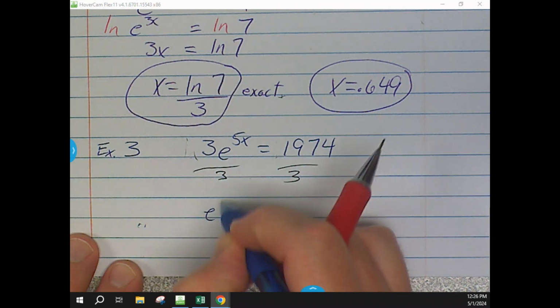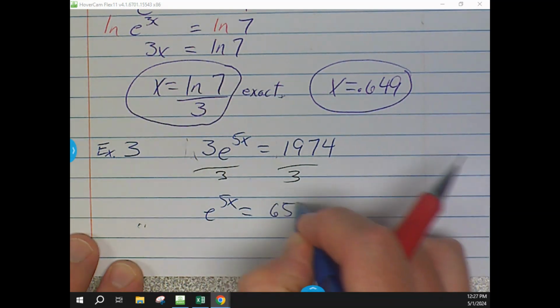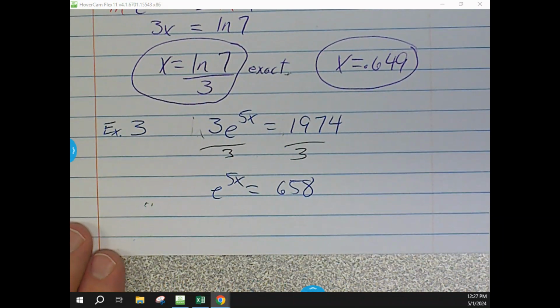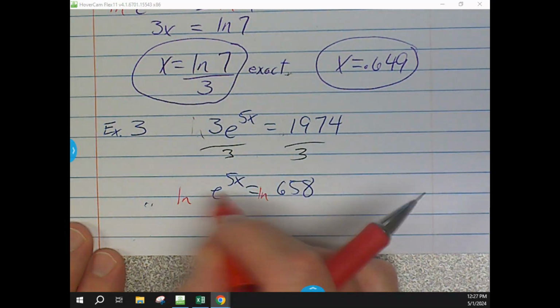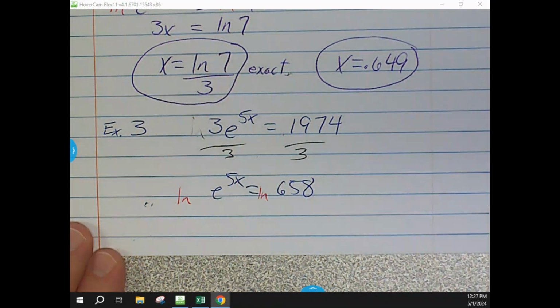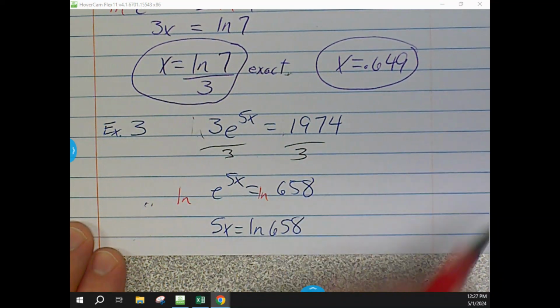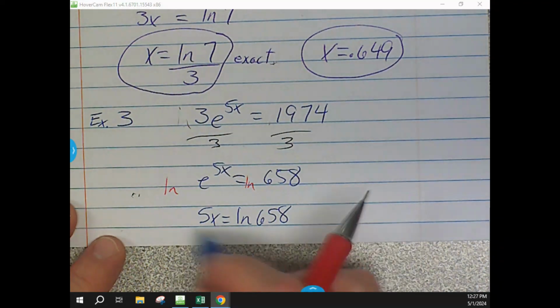So then we've got e to the 5x equals, I'm going to cheat and use my calculator real quick, 658. Then you can take the ln on both sides. Again, that will knock each other out and give you 5x equals ln of 658. Same thing, we need an exact answer, so we've got to divide by 5.